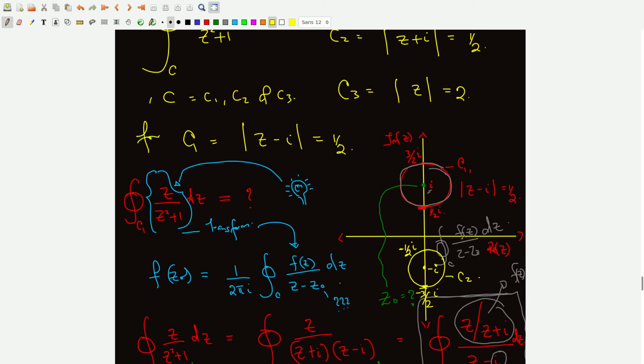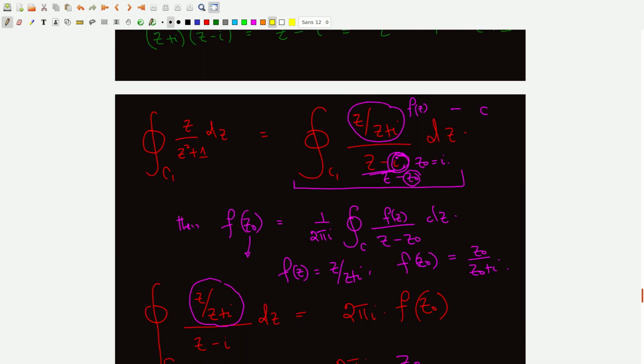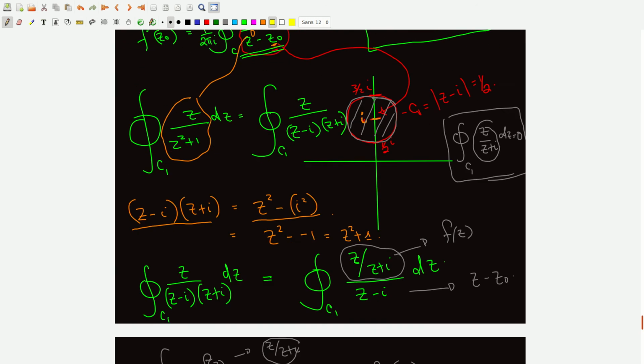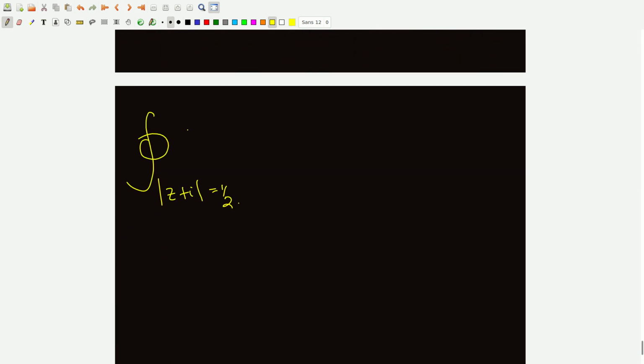So ideally you can see that we are going to modify the equation such that this point here, minus I, lies inside C, that is, the z naught should be equal to minus I. So we have the integral of z over z squared plus 1 dz, which is a closed contour integral.